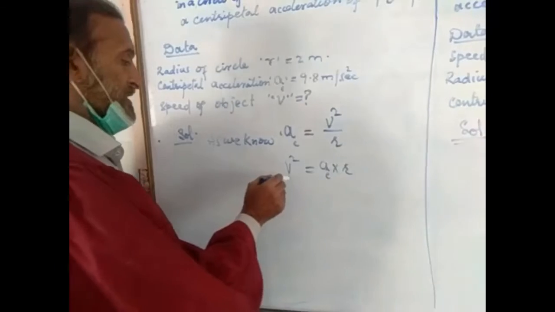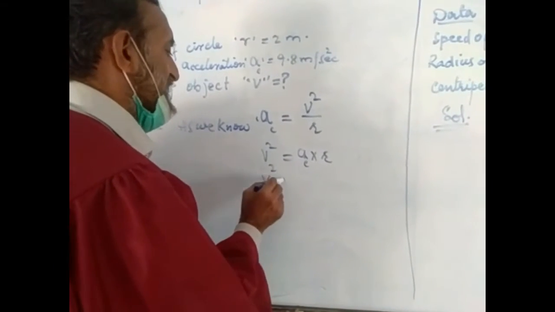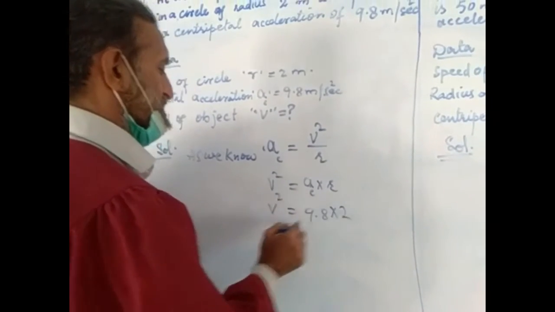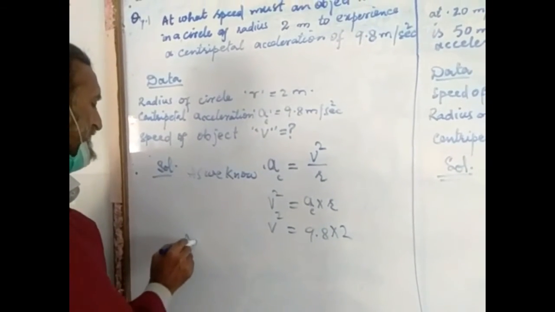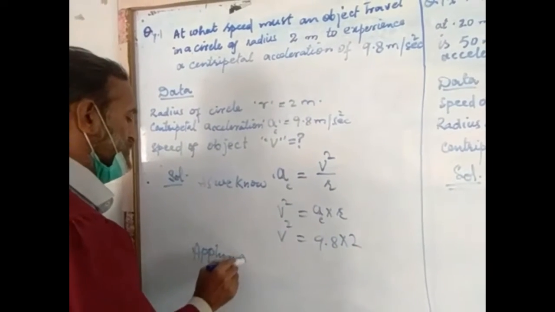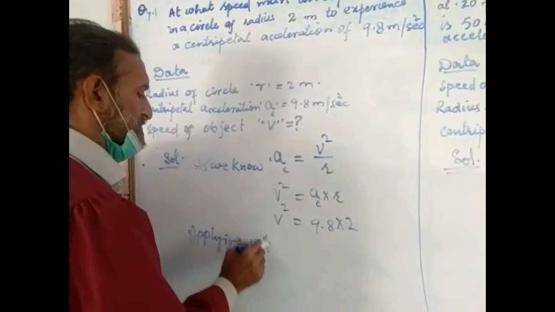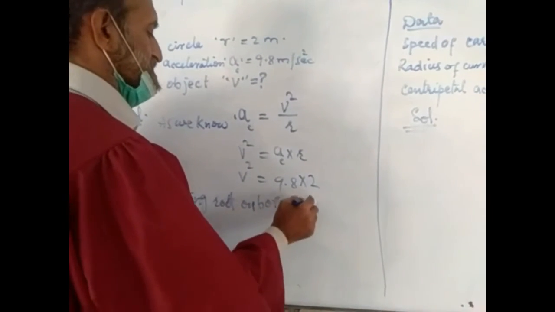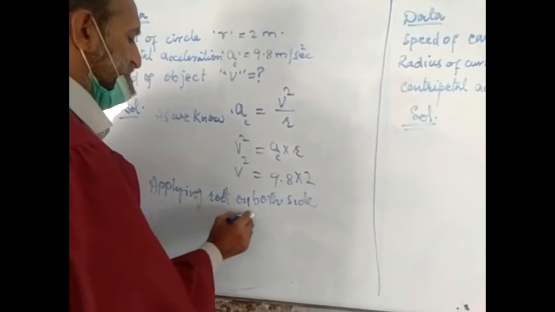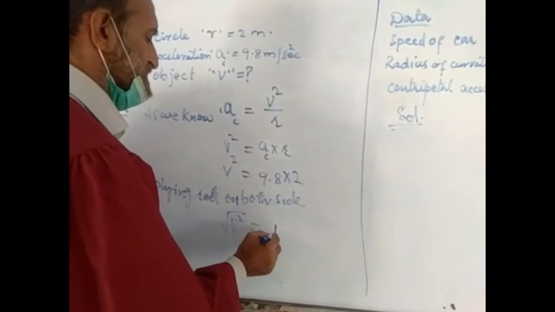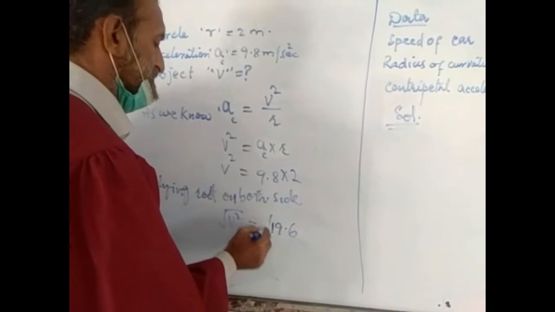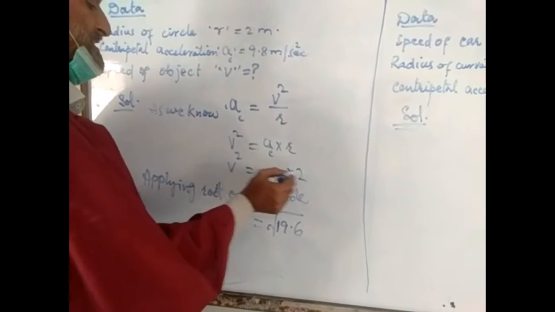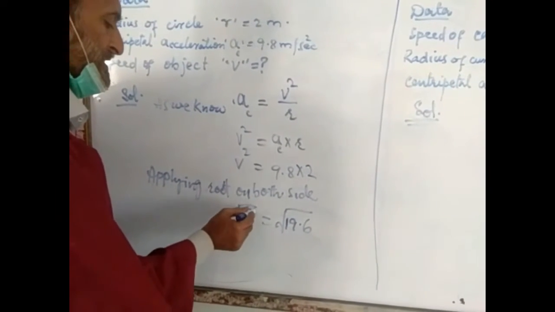Now we will put the values, AC 9.8, r 2. Applying square root on both sides. V square is equal to 19.6. 8 2s are 16, 1 carry, 9 2s are 18 and 1, 19.